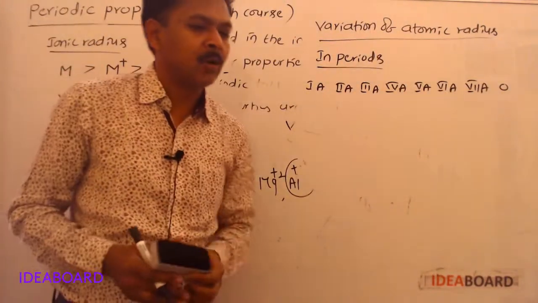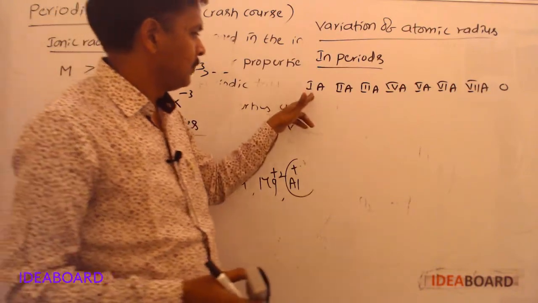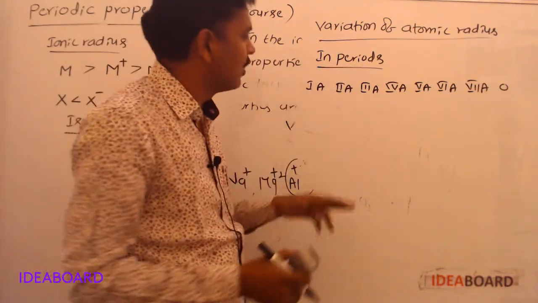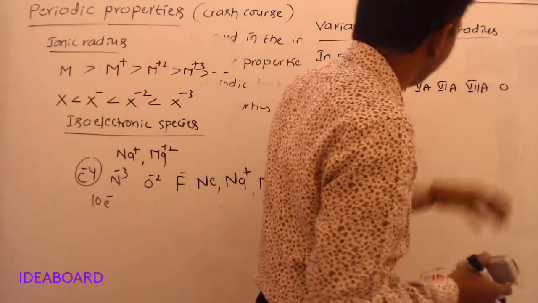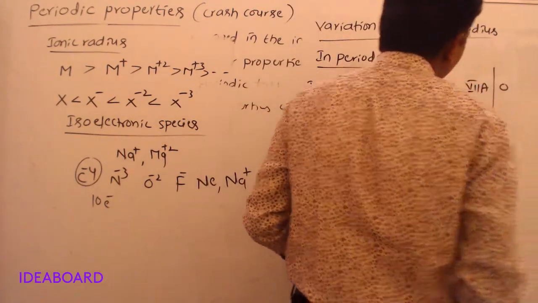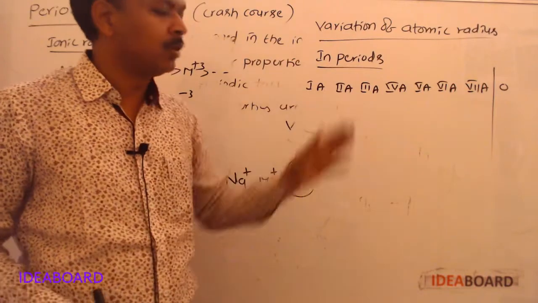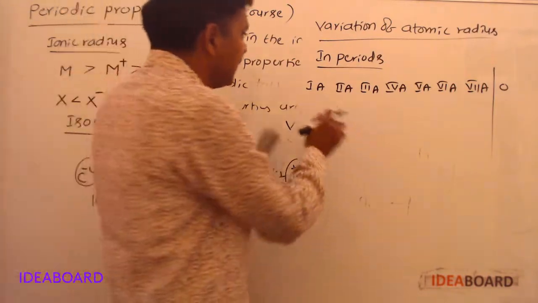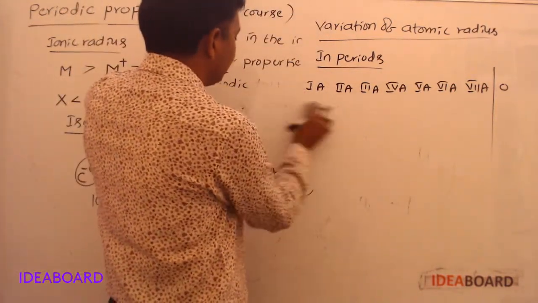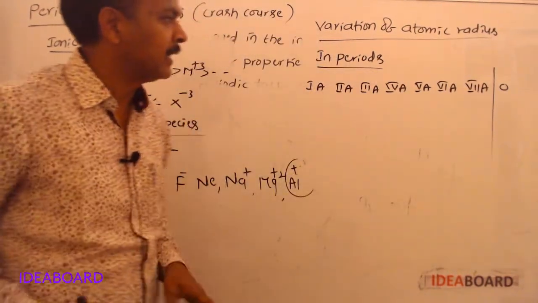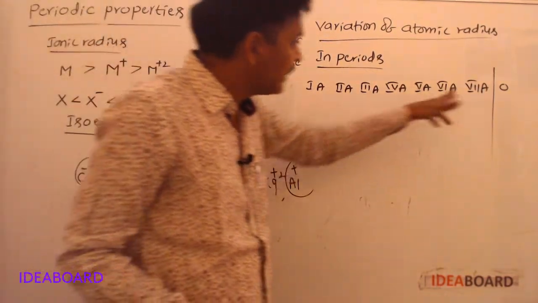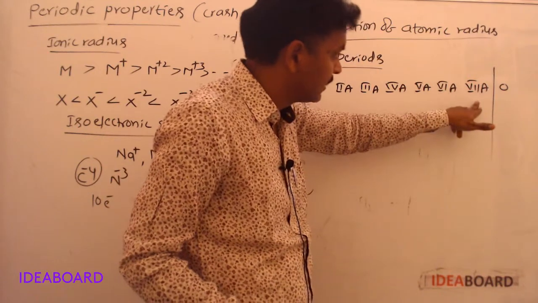If we take s and p block elements, first and second group elements belong to the s block, third A to 0 belong to the p block. Except the 0 group, the remaining s and p block elements are called representative elements. In periods from left to right, as atomic number increases, atomic radius decreases up to the 7th A group elements.